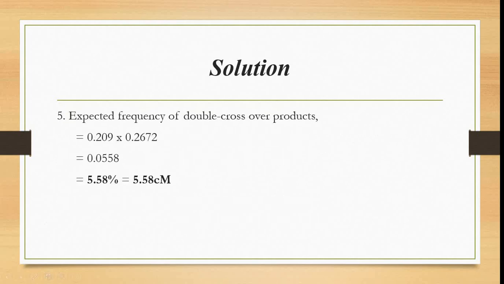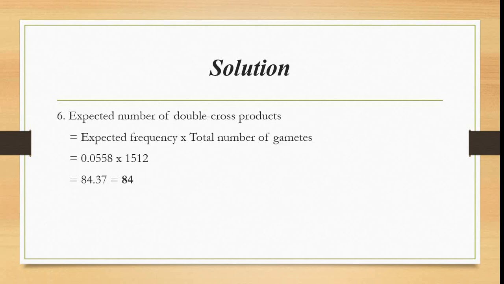We did this exercise for the same thing. We had 0.0558. And so in percentage, you multiply 100 by that, you get 5.58%. So in centimorgan, just take off this percentage, you have 5.58 centimorgan. All right, so we've gotten the expected frequency, right? To get the expected number, you just multiply the expected frequency by total number of gametes.